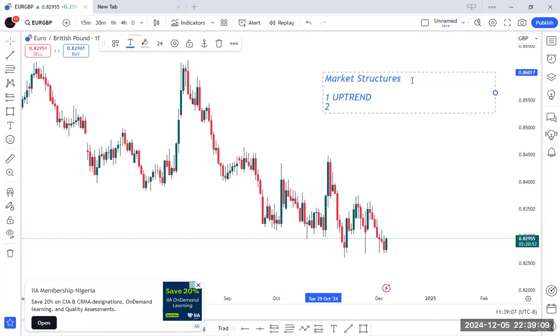Number two, we have the downtrend. And number three, we have the sideways, or they call it consolidation. You can call it consolidation. You can also call it sideways.